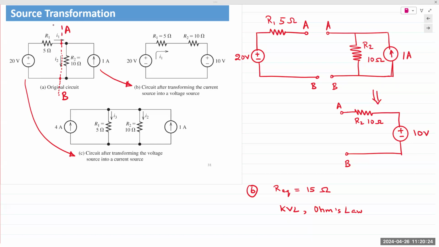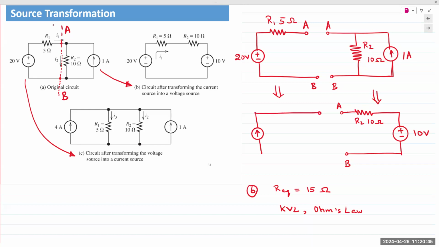Okay, let's look at the other side. So if we take the voltage source and we change that into a current source, direction, of course, for a source goes from minus to plus. So the current would be going up.